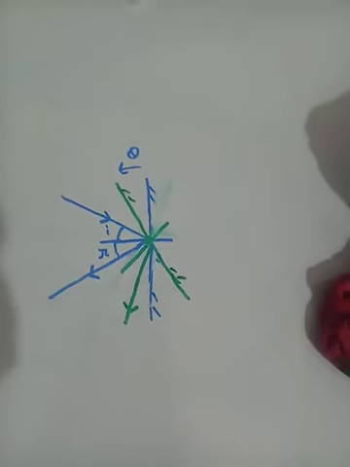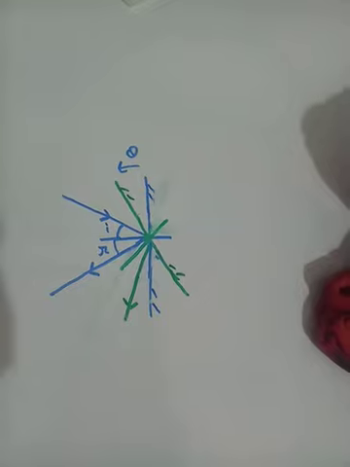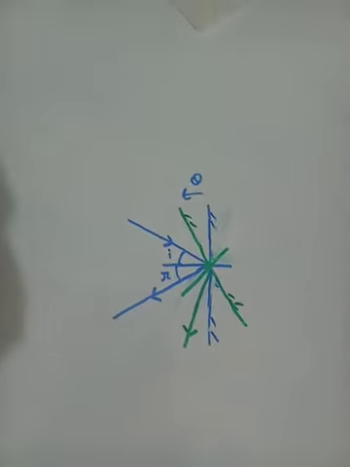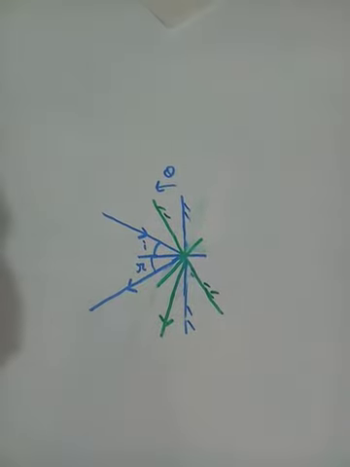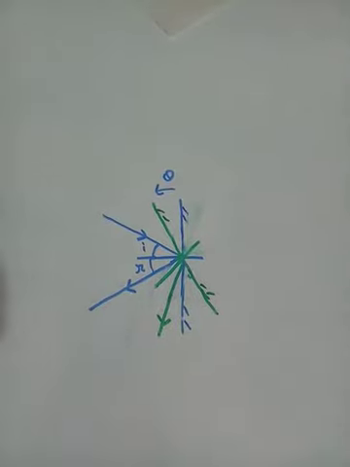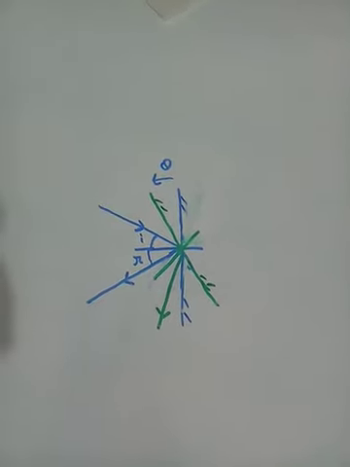What happens? The normal also turns by an angle theta. What is normal? See, normal is always attached with the mirror. So if the mirror is moving by an angle theta anti-clockwise, the normal will also move by an angle theta anti-clockwise. But the path of incident ray remains the same.